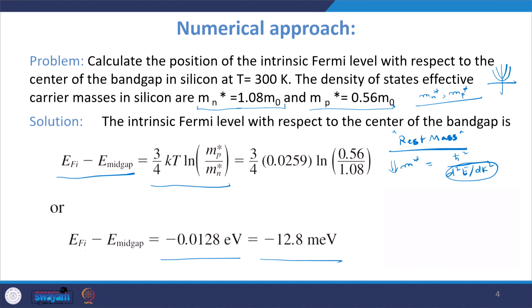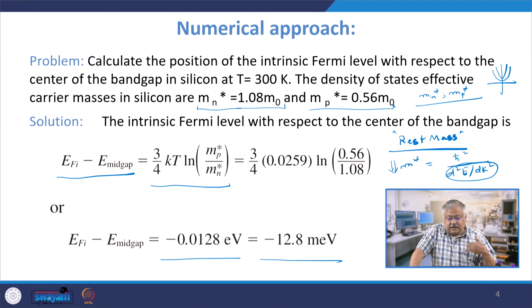Quite interestingly, if Mp star is larger than Mn star, you will have a positive value of EFI minus E mid gap, and if Mp star is lower than Mn star, you will get a negative value, which is what you are seeing here. This means that EFI is smaller than E mid gap, which means it is going down in terms of the carrier concentration.